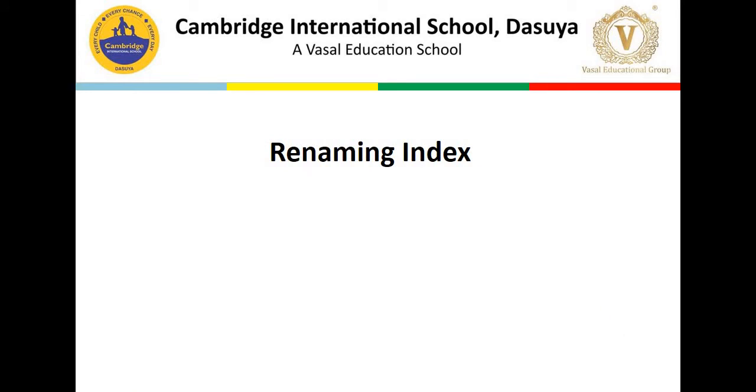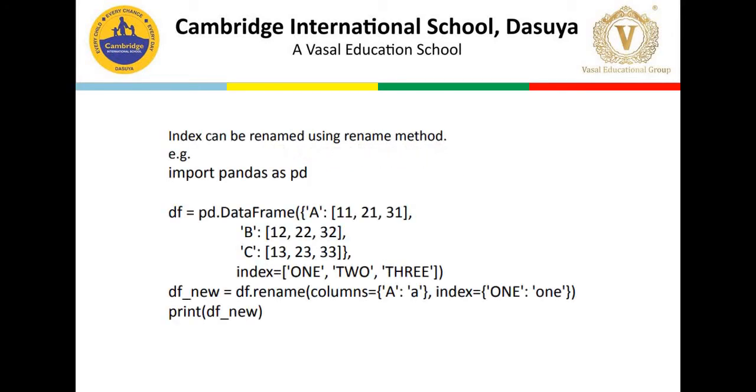So students, now moving to today's topic, that is how to rename an index. Quickly moving to the practical part, let's see, students, here we have three columns. Column A containing three values, column B containing three values, and similarly column C. Similarly, we have an index, with values passed as 1, 2 and 3.